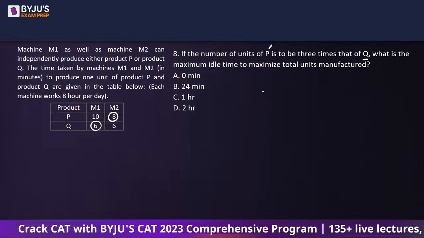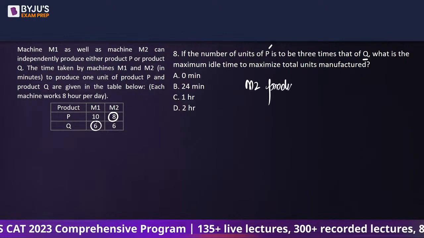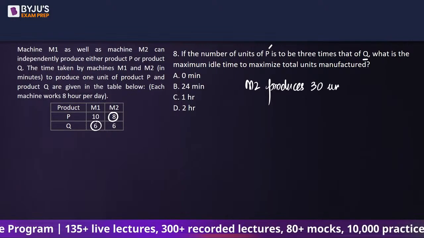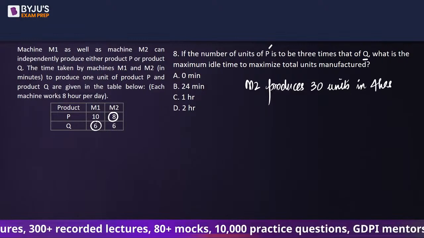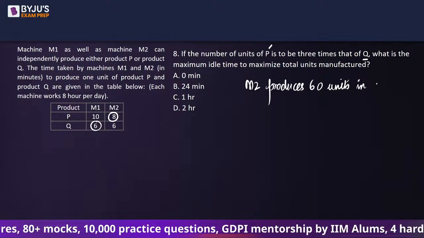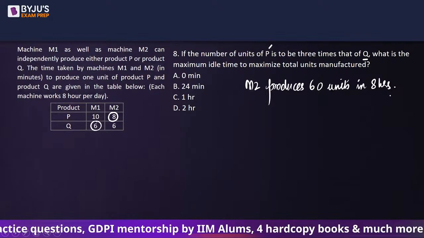So, we know that M2 produces, we just saw, 30 units in 4 hours. So that will make 60 units in 8 hours. Okay.